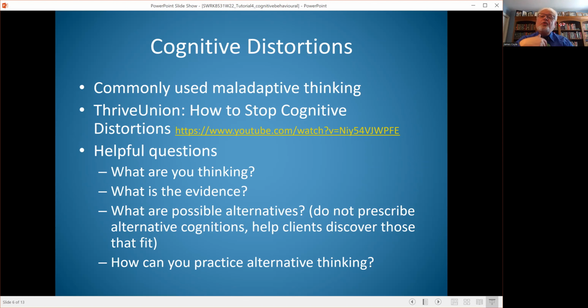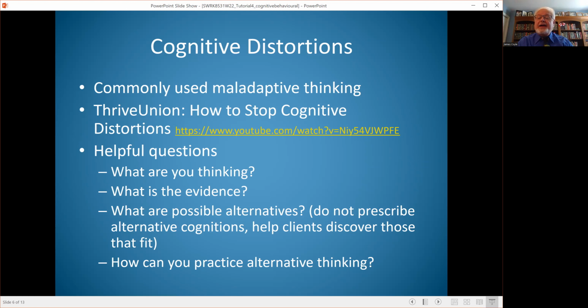Keep in mind that when you are helping a person with cognitive distortions, helpful questions include, what are you thinking? It's usually about a negative outcome. So you can say, well, what's the evidence for that negative outcome? And what are possible alternative outcomes? And what's the evidence for the alternative outcomes?